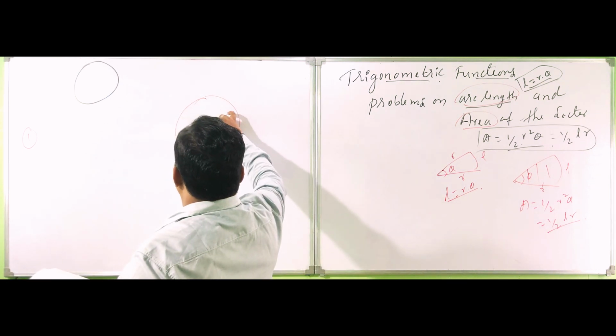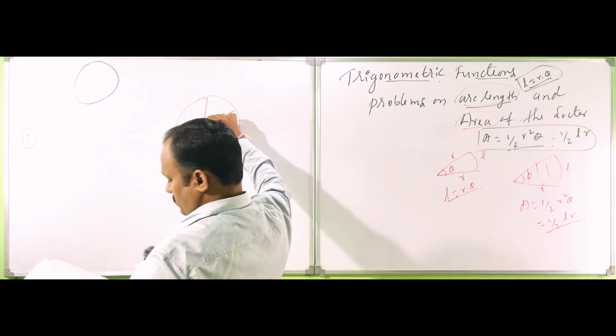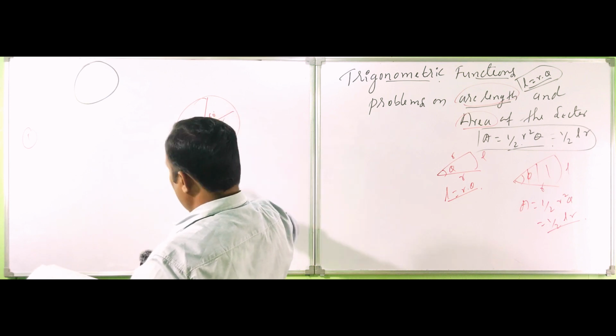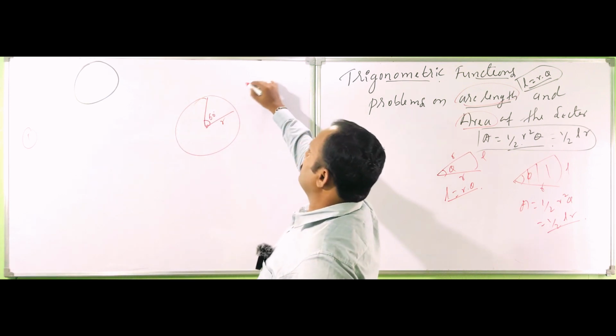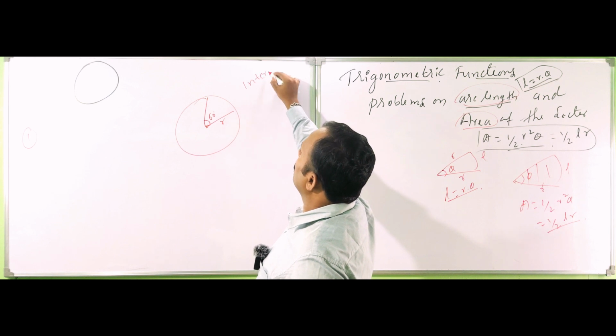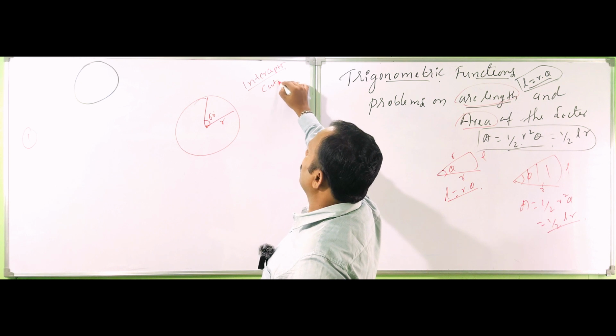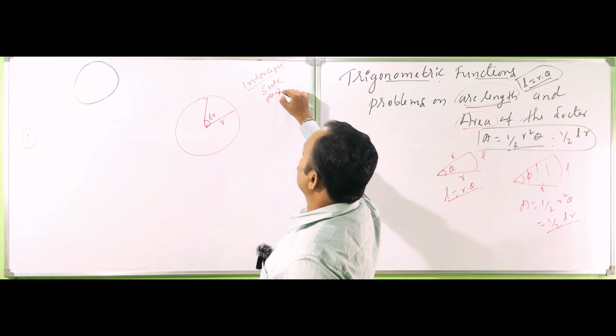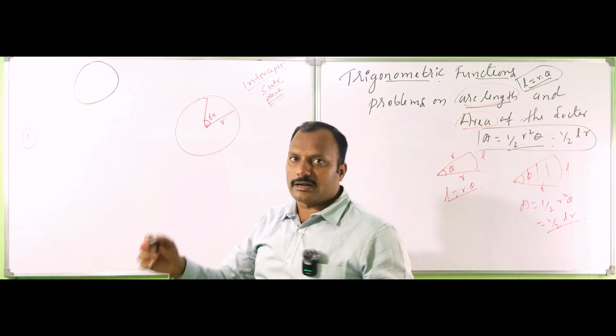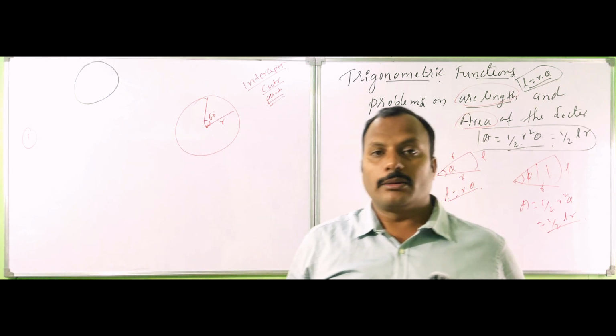Central angle means the angle at the center, 60 degree. And what is intercept? Intercept means cuts, a part of the circle, part of the line, part of the surface, part of the plane.